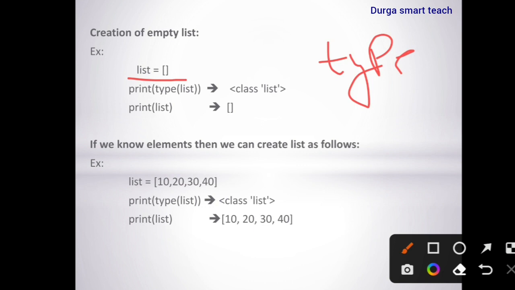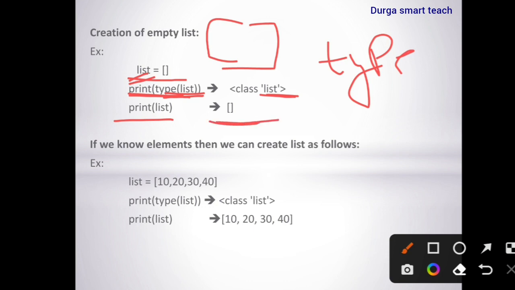So we are printing type of list, that will display list, because lists are represented by using square brackets. Whenever you are using square brackets, that means that is a list. Next I am printing the elements in the list, so it will print empty brackets because no elements are there.